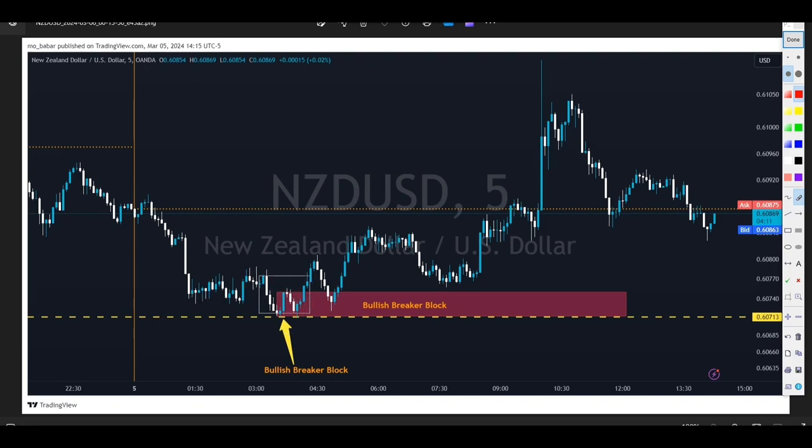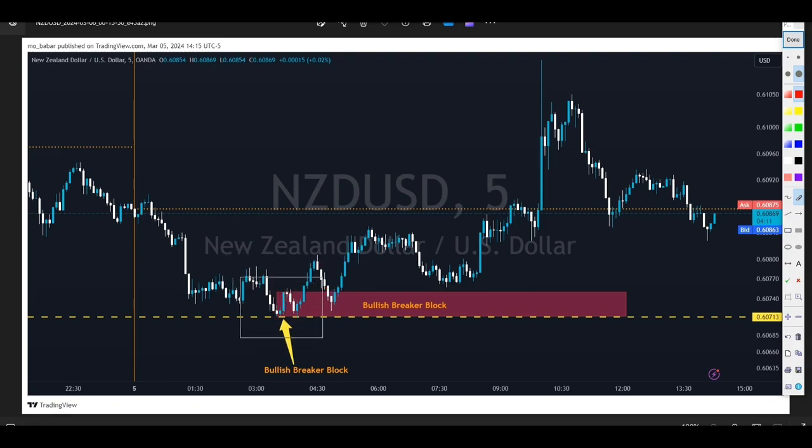Now if all candles in this leg, let me mention the legs for you, if all candles in this leg are bullish and the candles then close above this level, like you guys can see in this level.